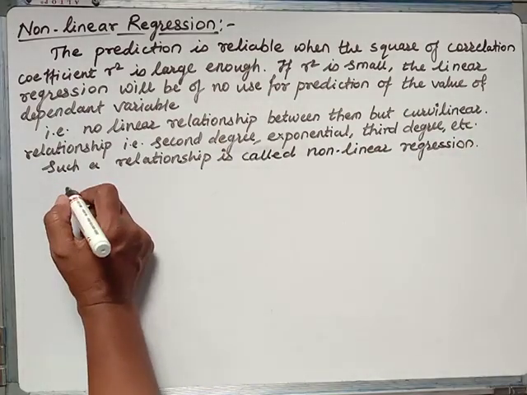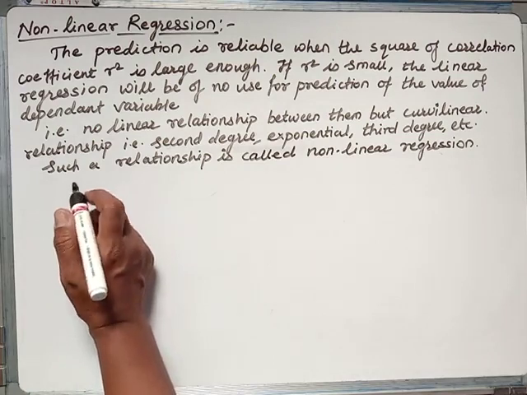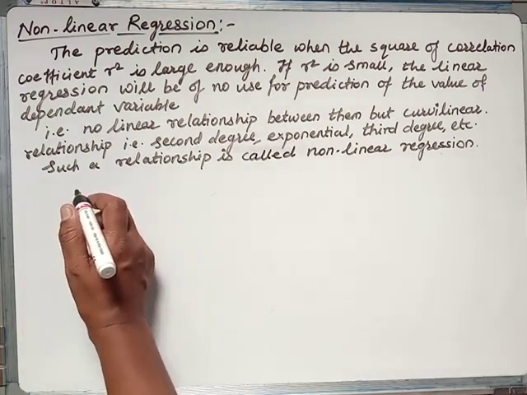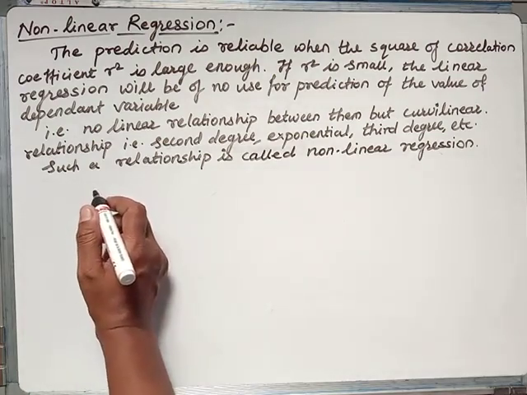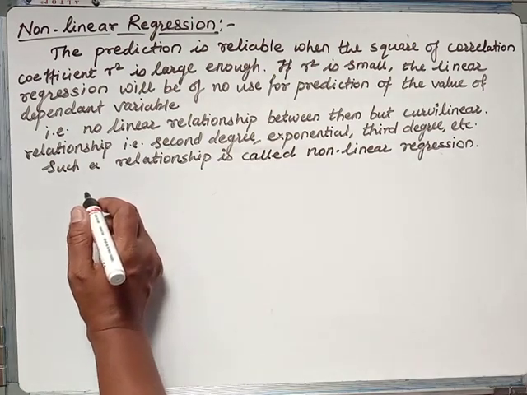The method of evaluating the unknown constants in the equation using bivariate data is by the principle of least squares, and the procedure is known as fitting of the regression curve.